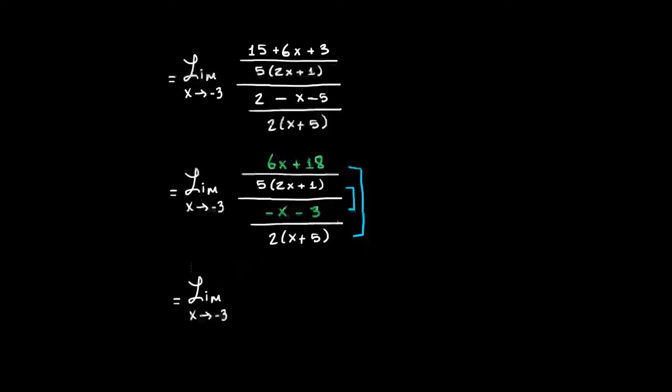This is a pretty long process, but it's a very nice one, in my opinion. 6 times x plus 18 will be multiplying times 2 times x plus 5. This would be all over 5 times 2 times x plus 1 times this minus x minus 3.